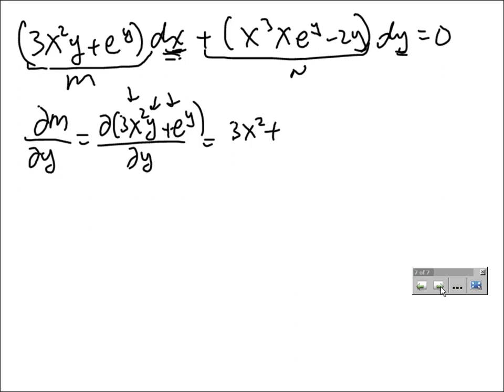Plus, the derivative of e to the y is e to the y. Does this equal the partial of n? I'm sure that's a typo. It's x cubed plus x e to the y minus 2y.